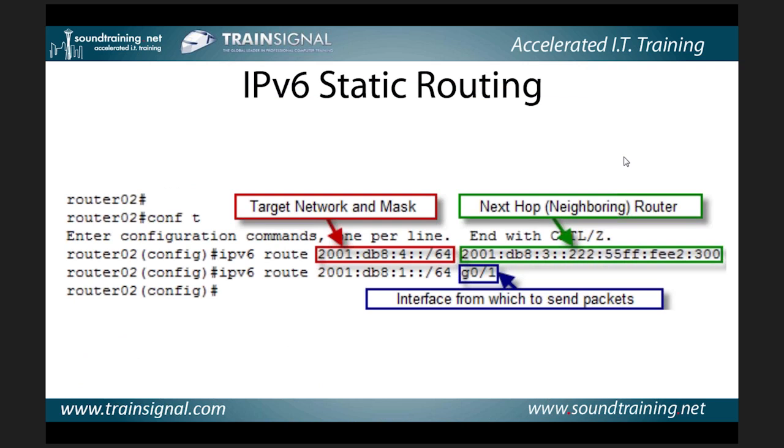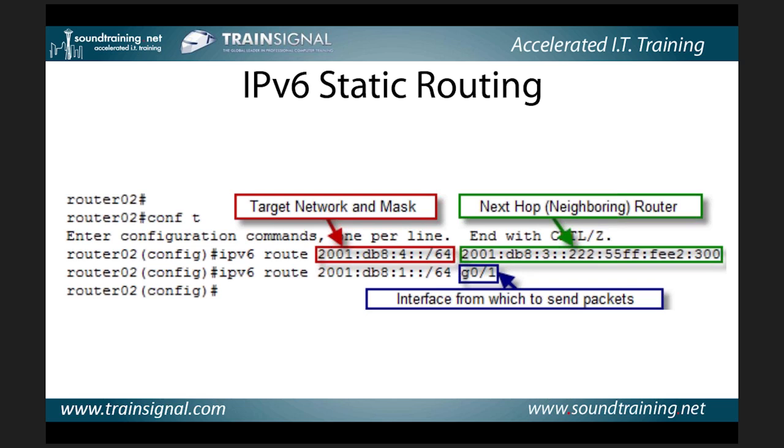Now, if we want to do static routing, the syntax is very much the same as it was with IPv4. And here you can see I'm on router 2, and I want to get to the remote network, which I've designated 2001:DB8:4::, which is the network on the outside of router 3.